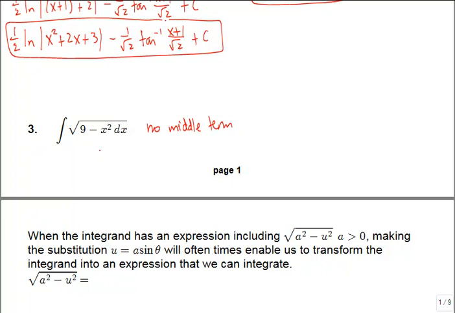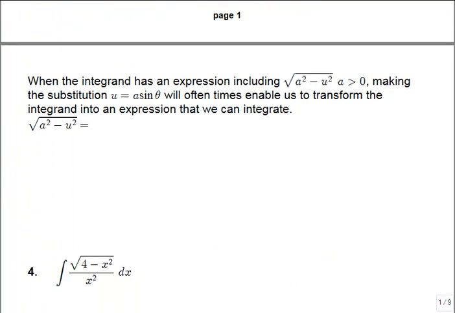of an integral. So if you see something like the square root of a squared minus u squared in your integrand, the a here is a constant and the u is our function of x. So it could just be an x squared or it could be some function of x squared. If you see something of this form in your integral, then what we're going to do is a trig substitution.